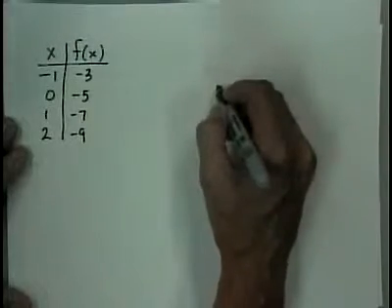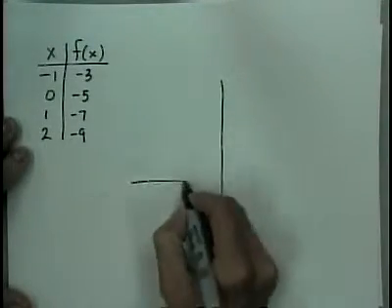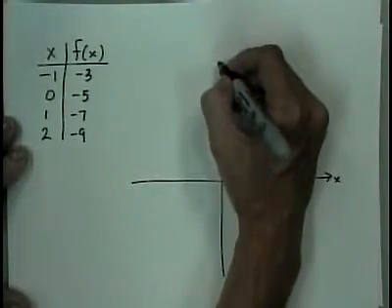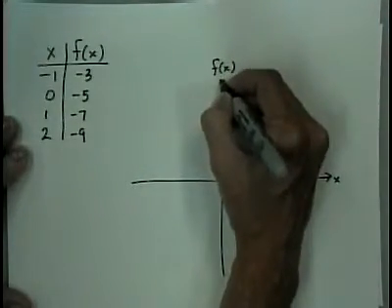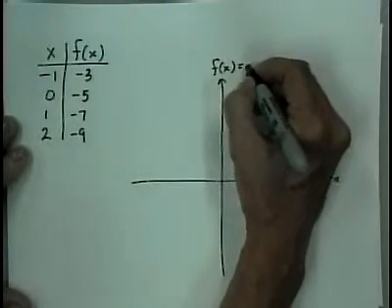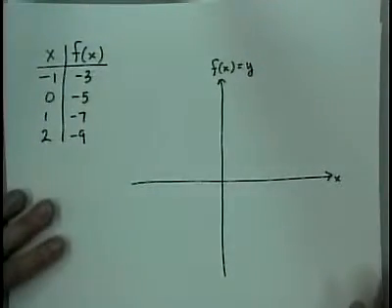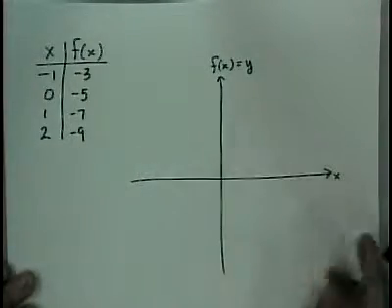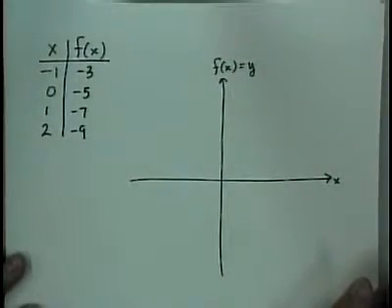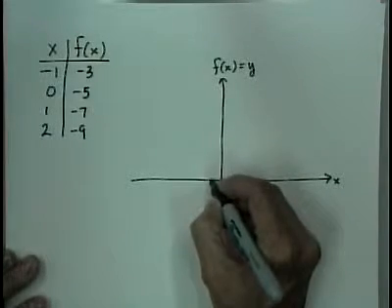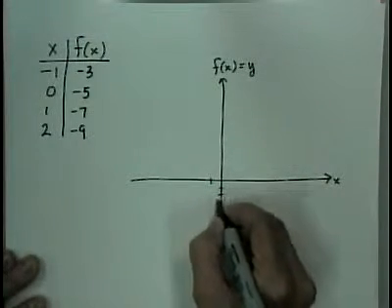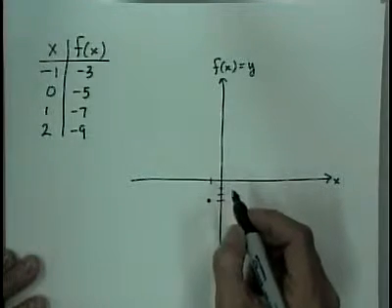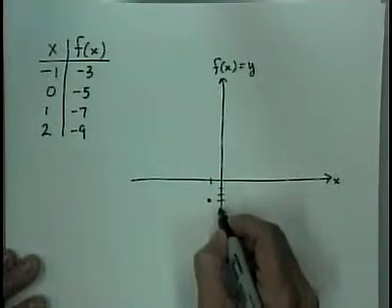We need to draw a coordinate system. The horizontal axis is the x-axis. The vertical axis is the f of x axis. You know that this is also the y-axis, and so we're plotting a set of points in an x, y, or rectangular coordinate system. We want to plot the point -1, -3, then 0, -5.